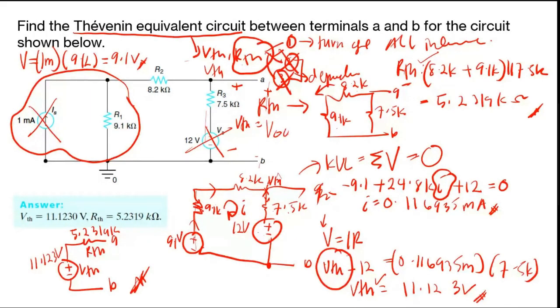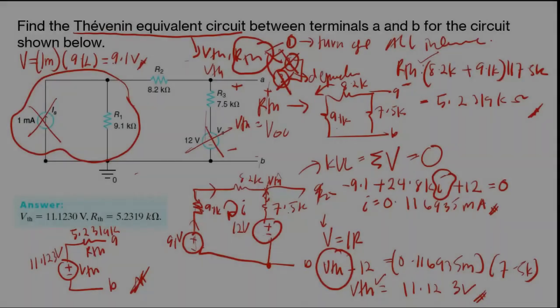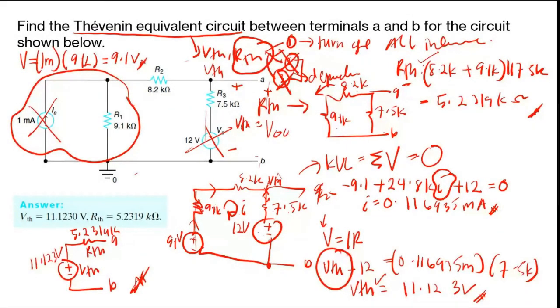All right, so you're done with your Thevenin equivalent circuit. Now if you're using the node method, you need to find V1 here and the VTH here. That means you need two equations. For the first equation, you have negative 1 milli plus V1 over 9.1K plus V1 minus VTH over 4.28K equal to 0.